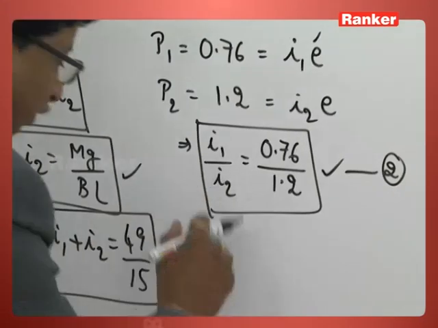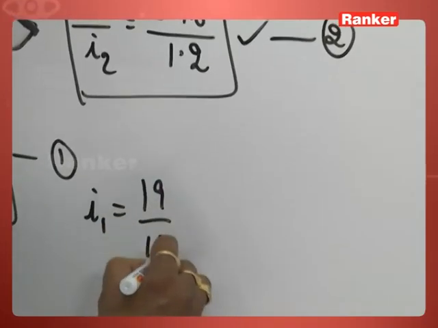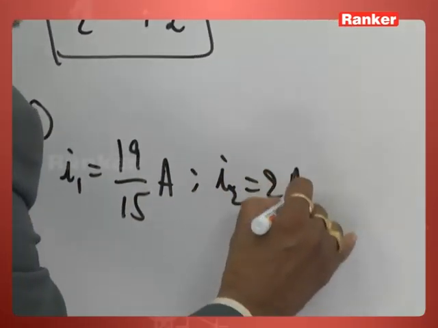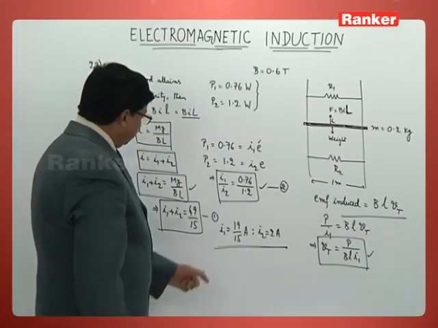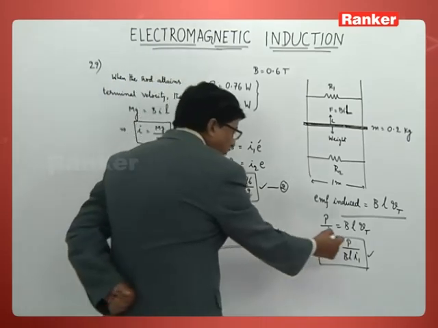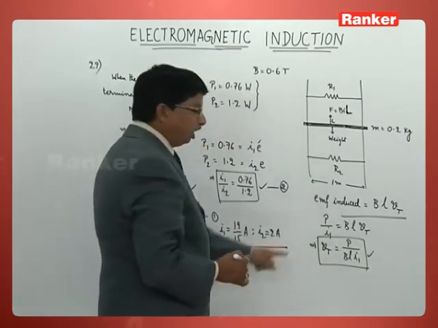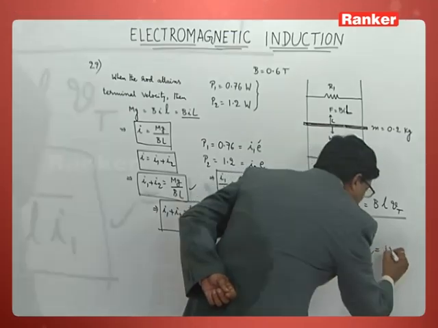When you solve these two, we get I1 as 19 by 15 ampere and I2 as 2 ampere. The moment you have I1 and I2, substitute that value of I1 here, and you will get terminal velocity exactly 1 meter per second.